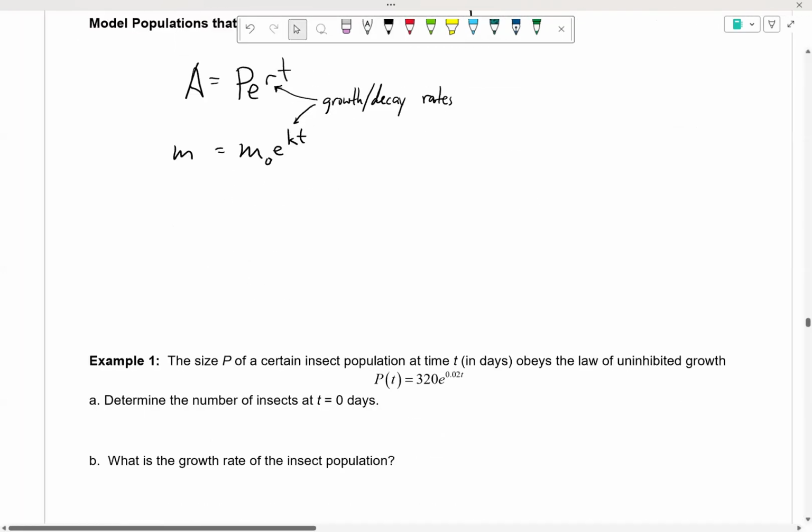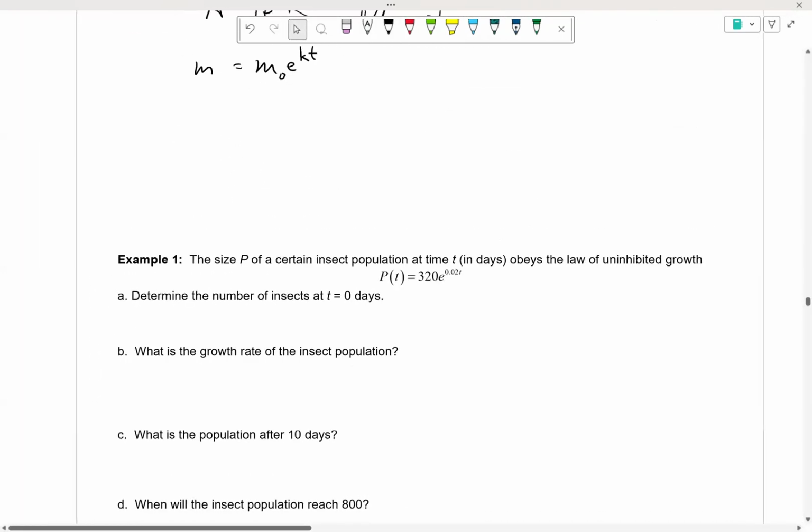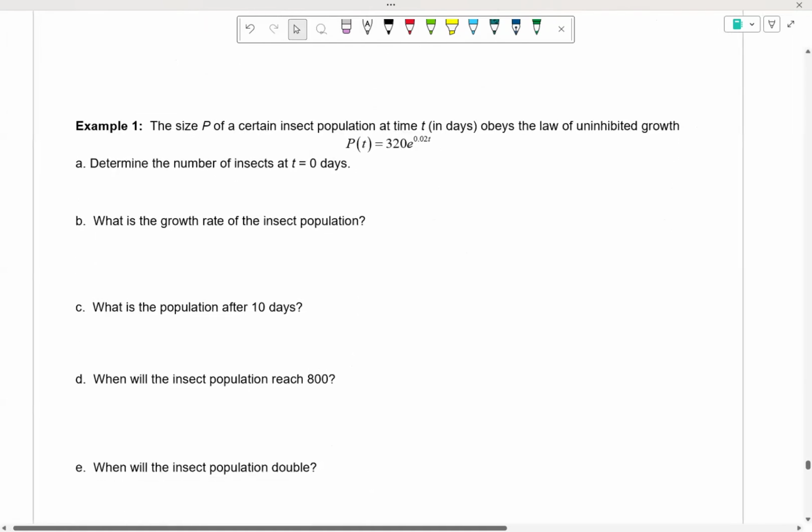So let's see how we're going to use these. I'm not going to go over everything in these because I think you already know how to do a lot of it. The size P of a certain insect population at time t in days obeys the law of uninhibited growth. Notice that model follows exactly what we've done, except it's not talking about money, it's talking about bugs. So the bugs are growing in population. So that 320, imagine what that does to the parent function. It stretches it.